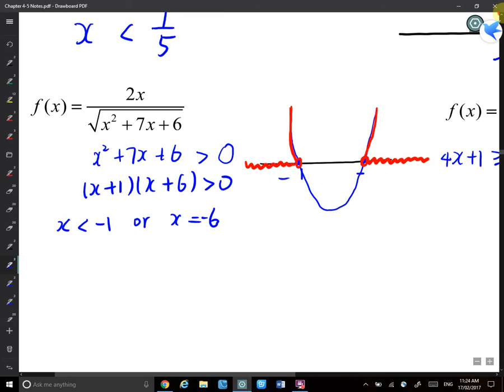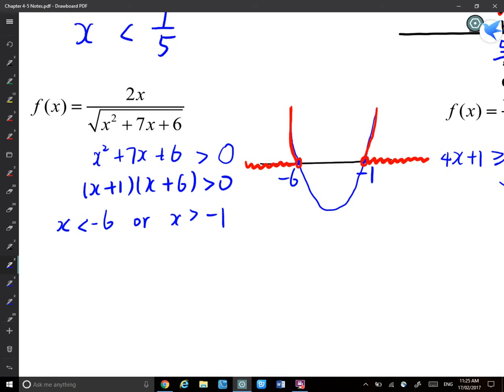So here is -6, here is -1. Okay, -6 should be on the left-hand side. So -6 here and -1 here. So x should be smaller than -6 and x should be greater than -1. Okay, -6 on the left, -1 on the right, and the shaded parts are smaller than -6 and greater than -1.